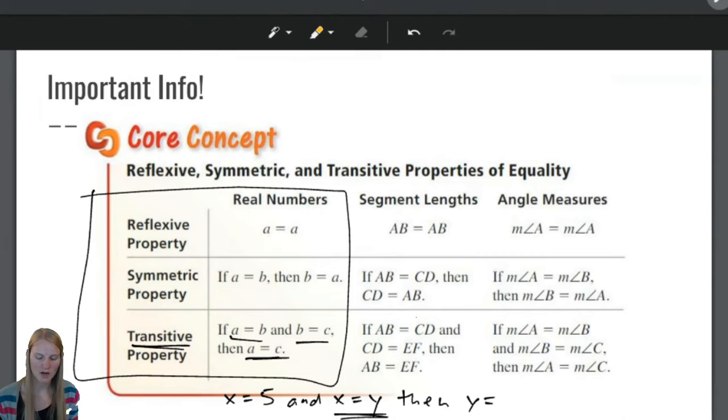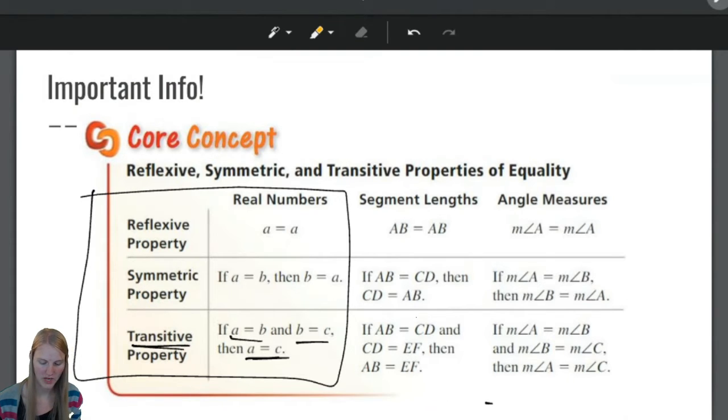Well, x and y are the same, and x is 5, so y is 5 as well. That's what the transitive property says. x is 5, x is y, which means y is 5. So, those are the 3 properties we're going to talk about today.